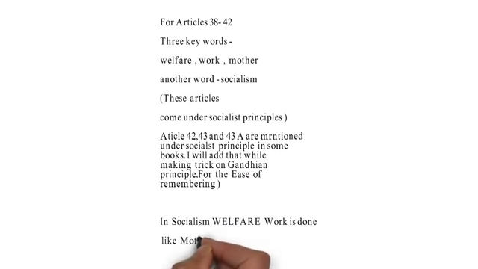The sentence is, in socialism, welfare work is done like mothers. Since I have mentioned that the socialist principle is totally based on the principle of welfare, equality and all that, and we know that mothers do these things without any self-interest, they look after us. So you remember the sentence, in socialism, welfare work is done like mothers.